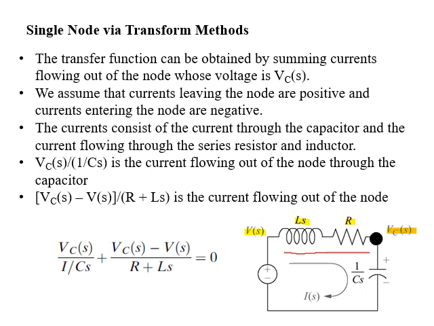The current leaving the node will be equal to Vc of s divided by the impedance of capacitor, which is 1 over Cs. With the help of KCL, we'll obtain the equation of the circuit, and then with simple rearrangement, we'll obtain our desired transfer function.